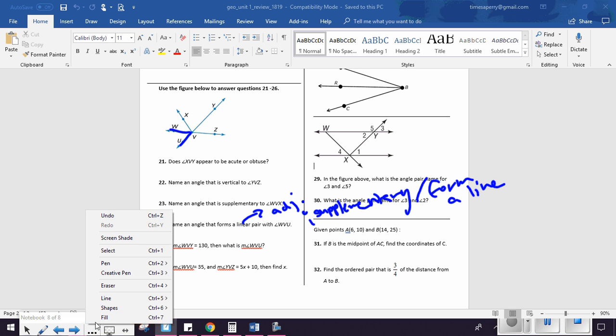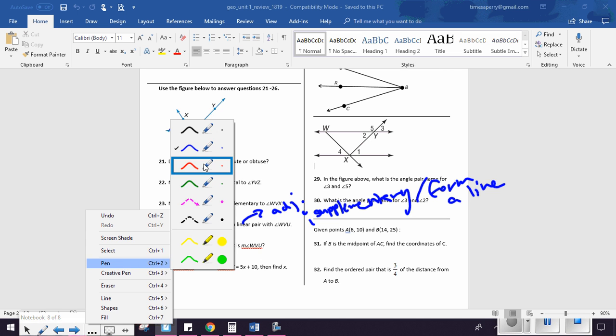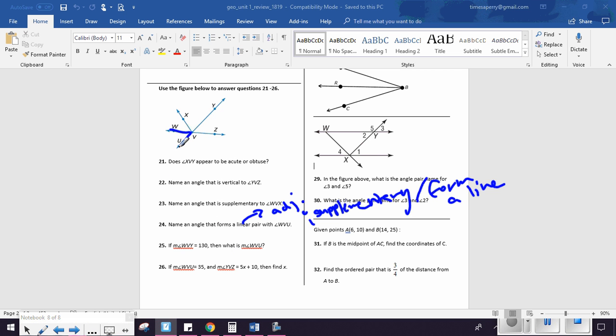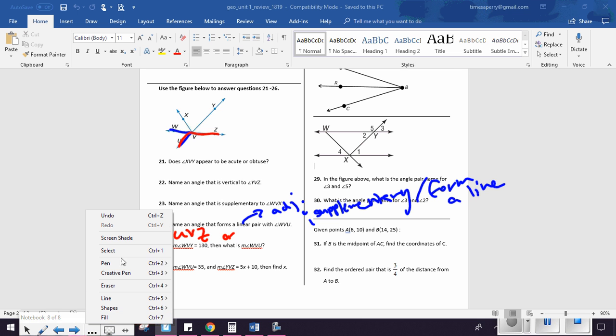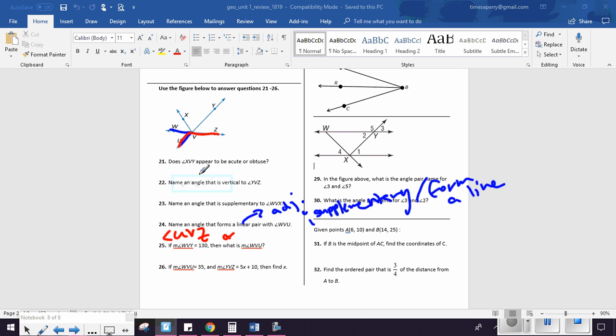It's adjacent and forms a line with UVZ. So we would say angle UVZ. Or if you look at another set, we could say angle WVY. Either one is acceptable, you don't have to write both.